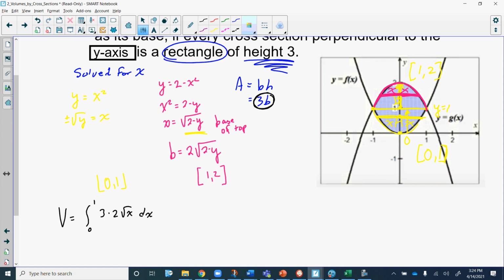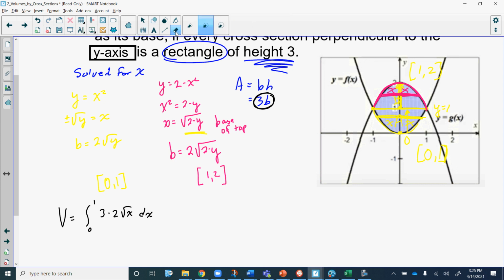So the base in this case will be 2 of them, 2 radical y. So I have 2 x's, so that will be 2, yeah, there we go. Okay, now we're okay.